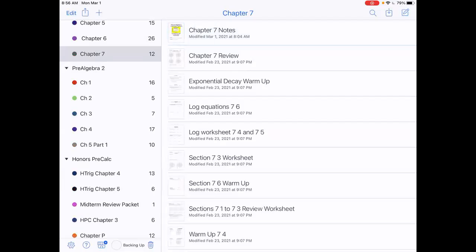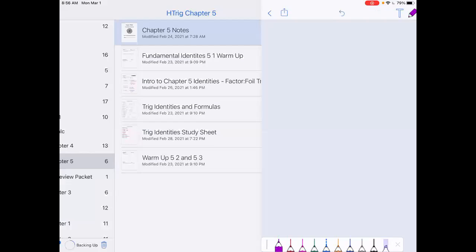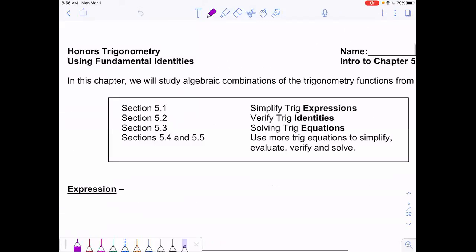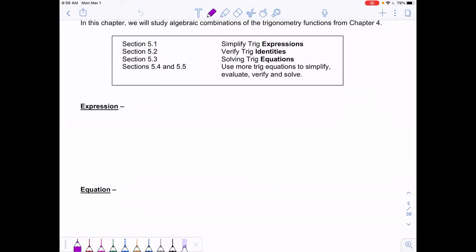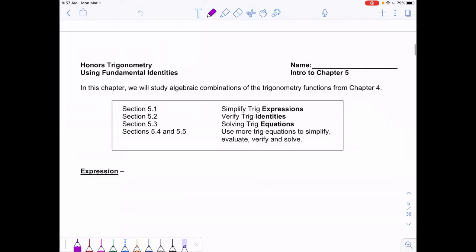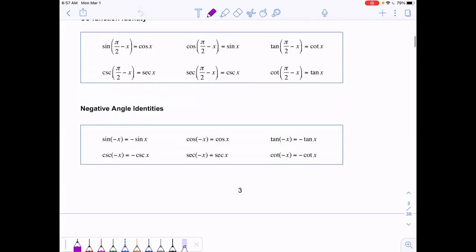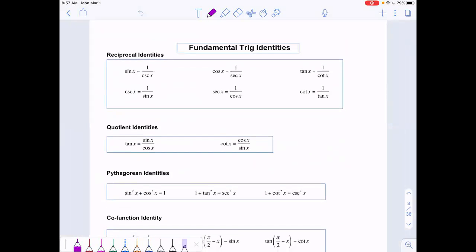So we are going to start in the chapter 5 packet if you want to pull that out, and just talk about what to expect for chapter 5, which I gave you a little summary of. This is the first page, which actually I guess is page 5. On page 3, you will see the fundamental trig identities. I asked you to fill them out on a separate sheet. They're also on here.